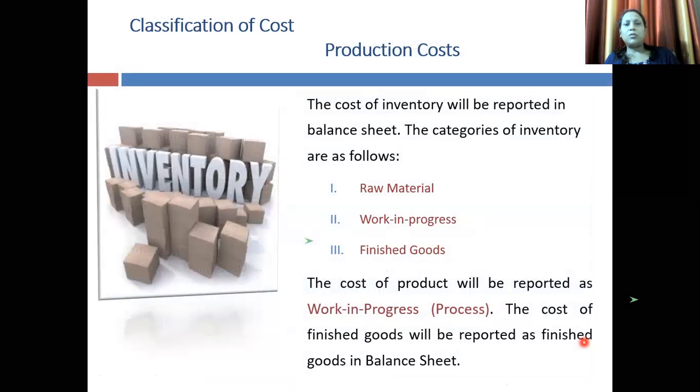So production cost is the next category. The cost of inventory will be reported in balance sheet. The categories of inventory are as follows: raw material, work in progress, finished goods. The cost of product will be reported as work in progress. The cost of finished goods will be reported as finished goods in balance sheet.